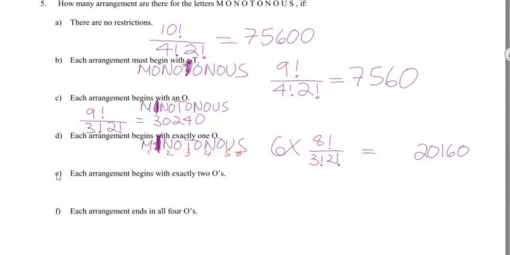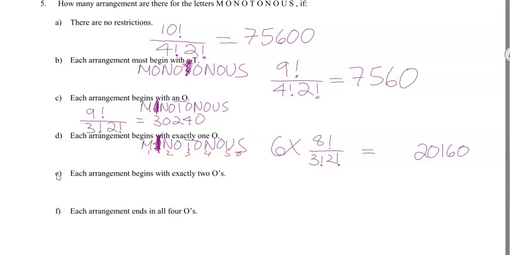Now there's another way to do this. But we'll do it anyways. So in part C, each arrangement begins with an O, but it means one O, or two O's, or three O's, or four O's, or five O's.